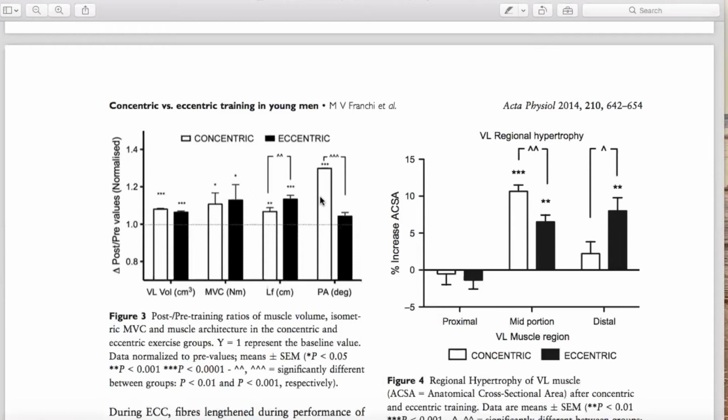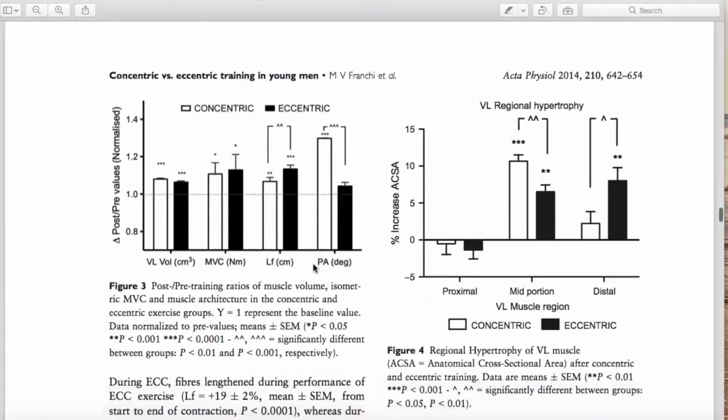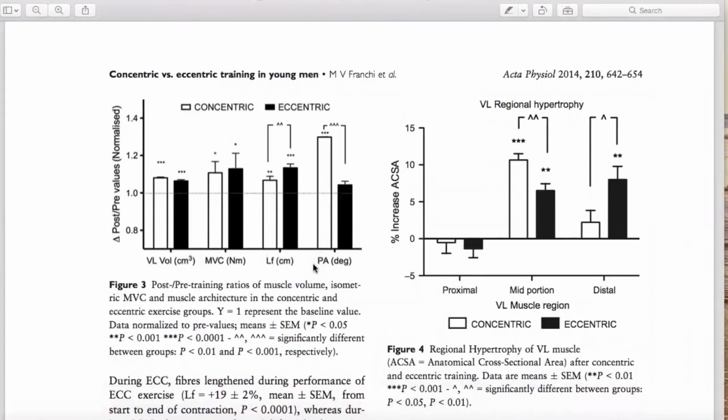So this was the first bit that we found very interesting. As you can understand, in a performance way, or even in clinical settings, if you know that two different contractions have two distinct architectural responses, then you can work out what you need for that muscle in that specific moment, and potentially try applying different types of contraction to have different responses and different functional output as well.